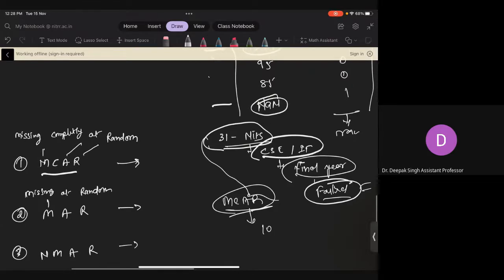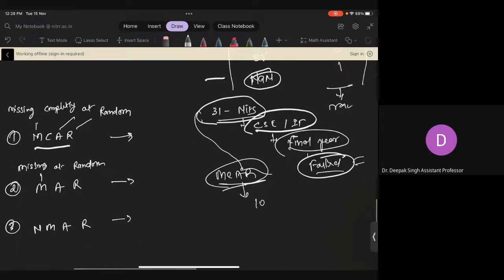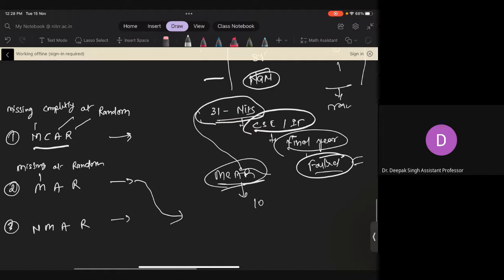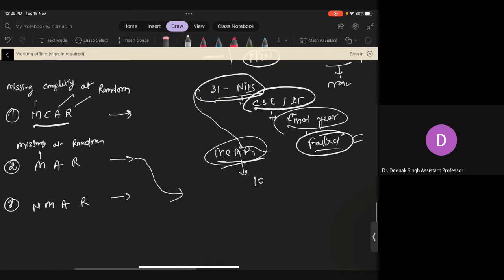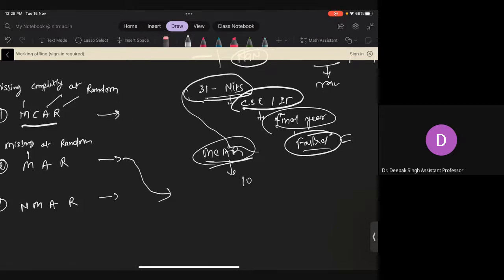MCAR. Now if I see MAR, missing at random, MCAR was saying that whatever values are missing are not going to influence or play much role in the prediction.